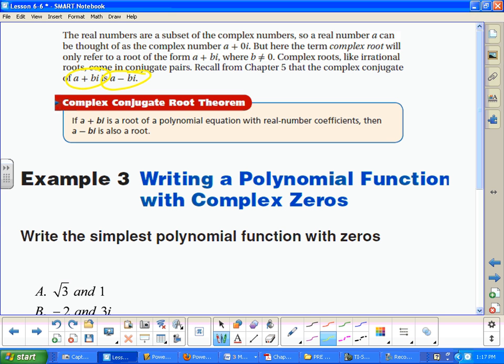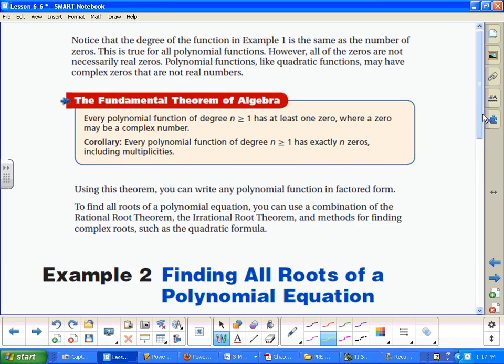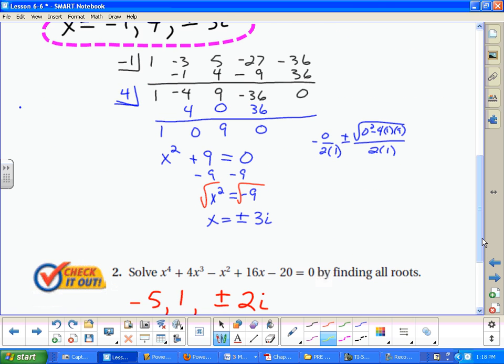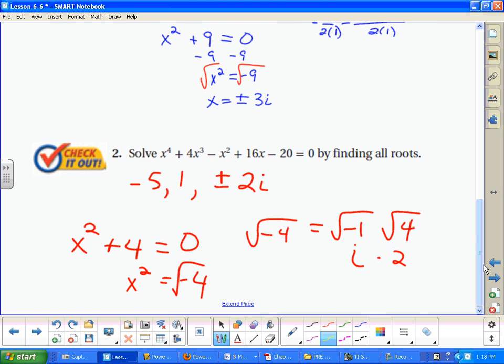Those are called conjugates. A plus bi and a minus bi, those are conjugates. Which means that whenever we've solved these quadratics, we end up with a plus or minus.